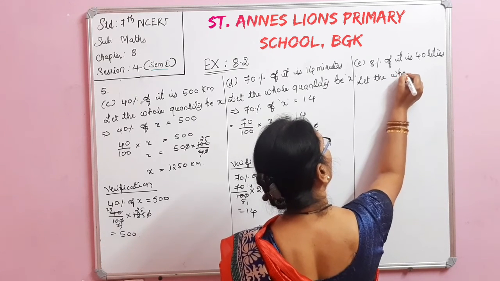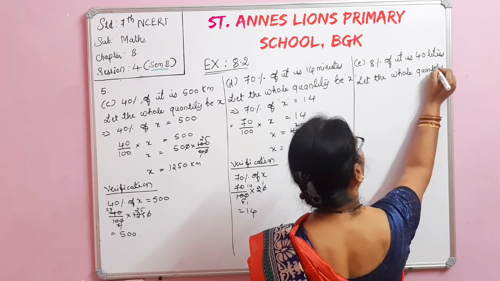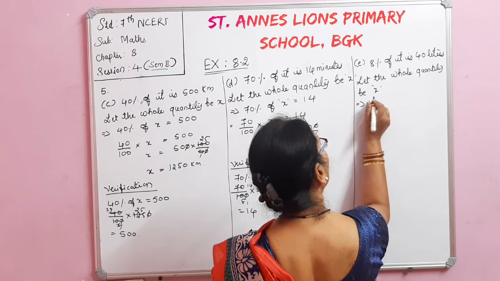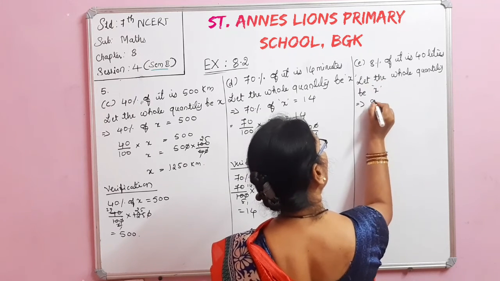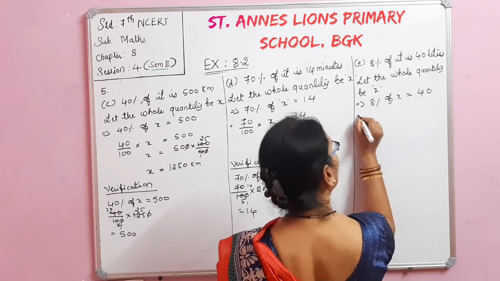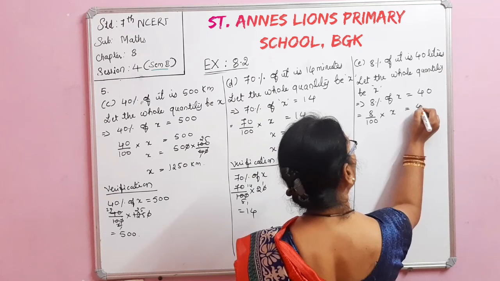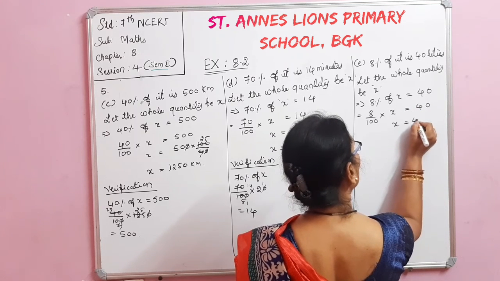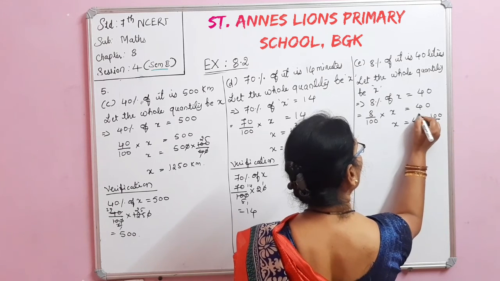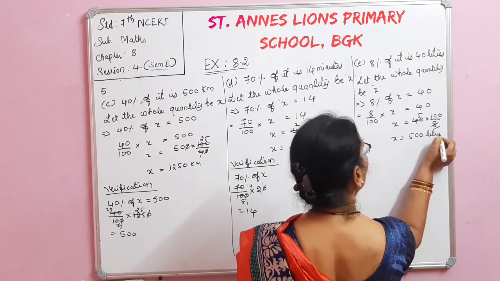Let the whole quantity be X. So this implies that 8% of X is equal to 40. So 8 by 100 into X is equal to 40. X is equal to 40 into 100 by 8. 8 ones are 8, 5s are. So X is equal to 500 liters.